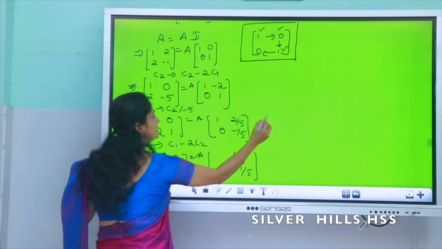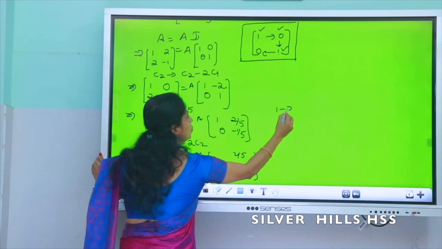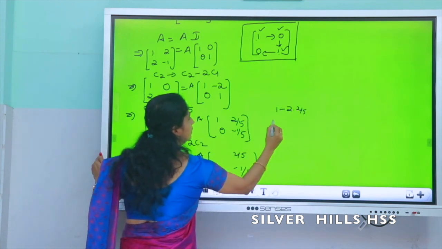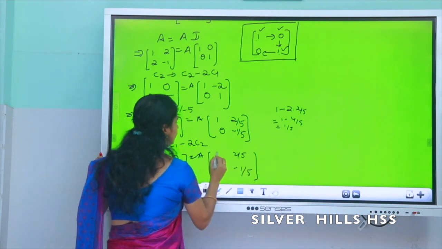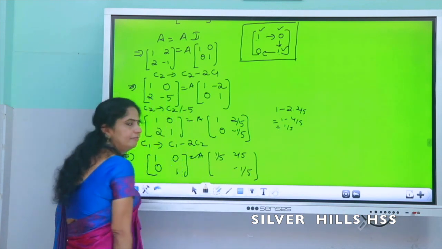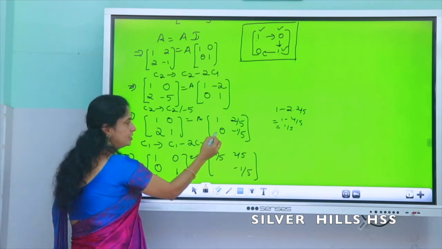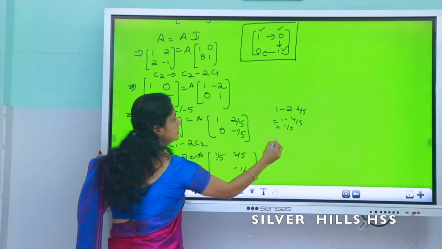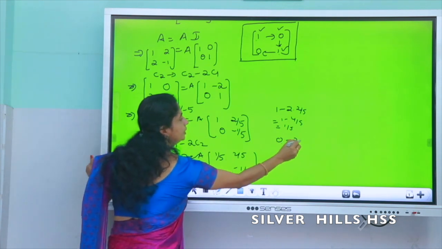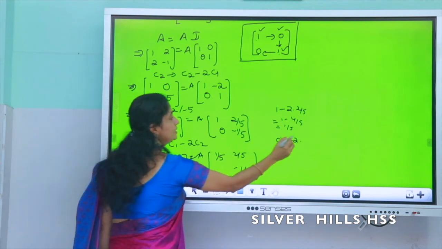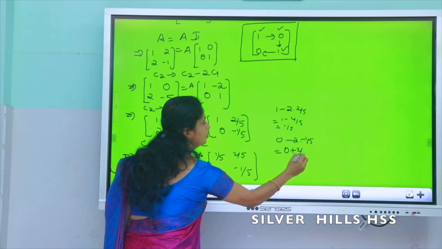So here you can see that C1 minus 2 into 2 by 5, that is 1 minus 4 by 5, that is 1 by 5. So this becomes 1 by 5. How is this element going to change? Again, the C1 element is 0 minus 2 into corresponding C2, which is minus 1 by 5. That is 0 plus 2 by 5.